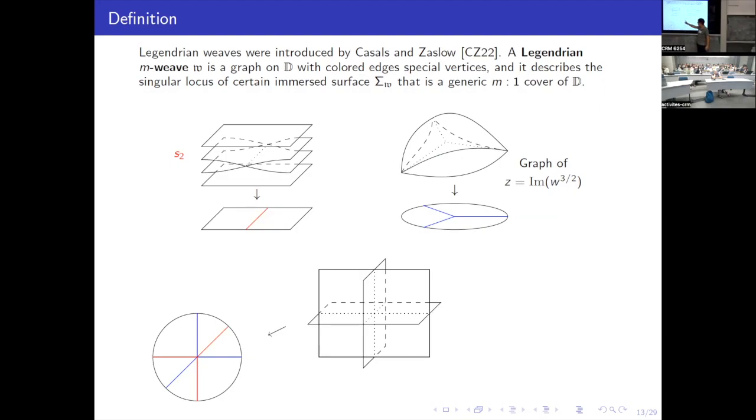Then you see that generically you see 3 sheets, but along the coordinate axis, you only see 2. For example, here the top 2 sheets cross, and here the bottom 2 sheets cross. So they correspond to this pattern here.